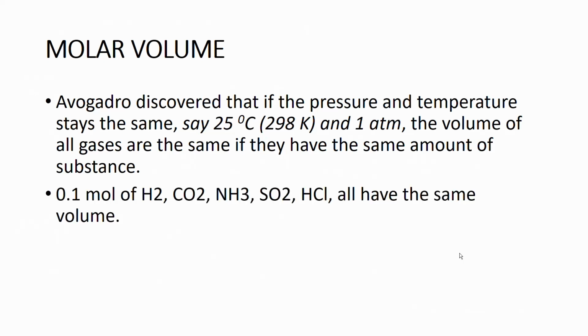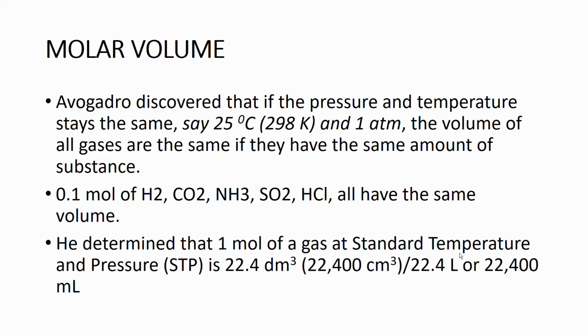Which means that if you have 0.1 moles of hydrogen gas or carbon dioxide gas or ammonia gas or sulfur dioxide or hydrochloric acid, if you have their gases and their mole is 0.1, that implies that all of them will have the same volume. If the mole is 0.2 for all of them, then they will all have the same volume, provided the temperature and the pressure are kept constant.